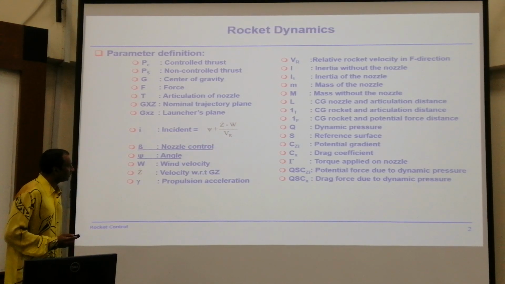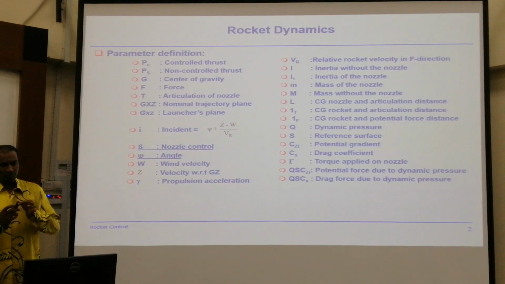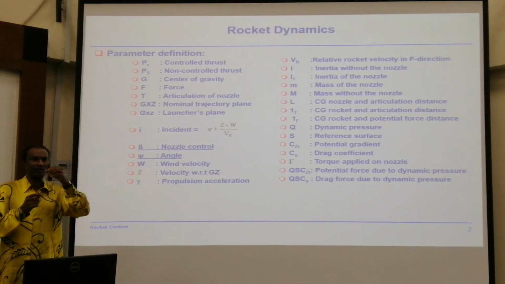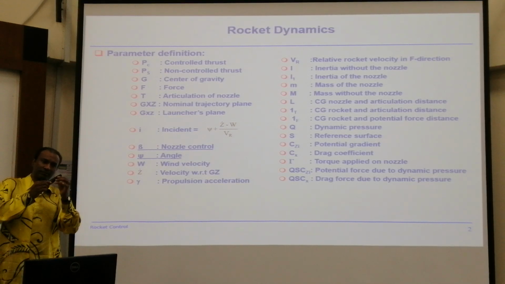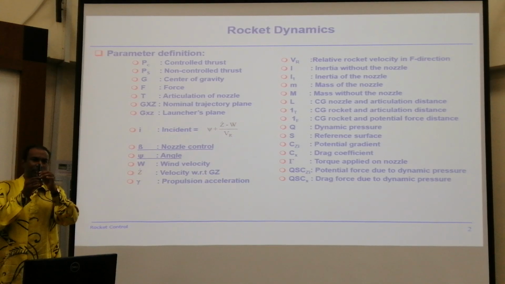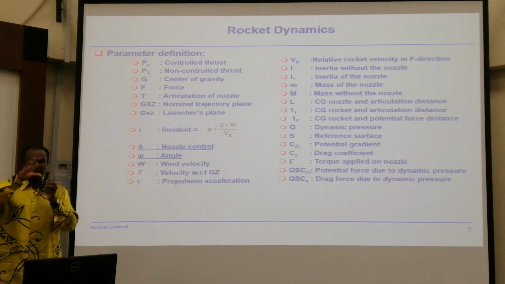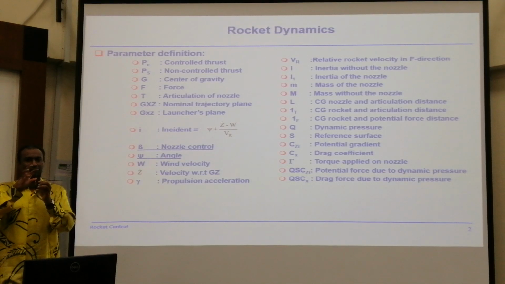If you look at nozzle control, if I want to move the nozzles, then I should be able to move the direction of the rocket. Simple. So when I move the direction of the rocket, something is going to move the rocket that way, right? So in this movement, there is a very specific quantity involved.